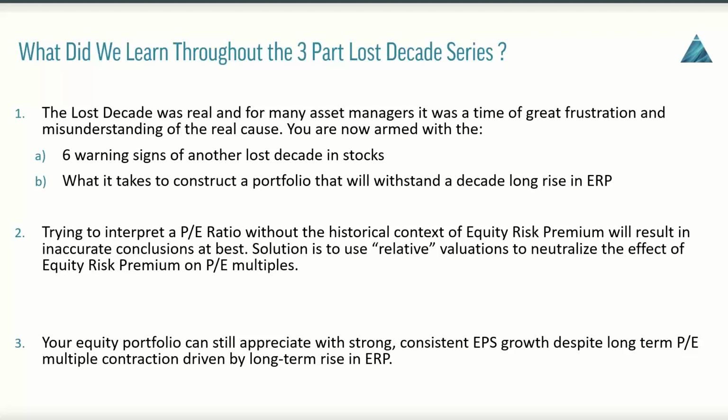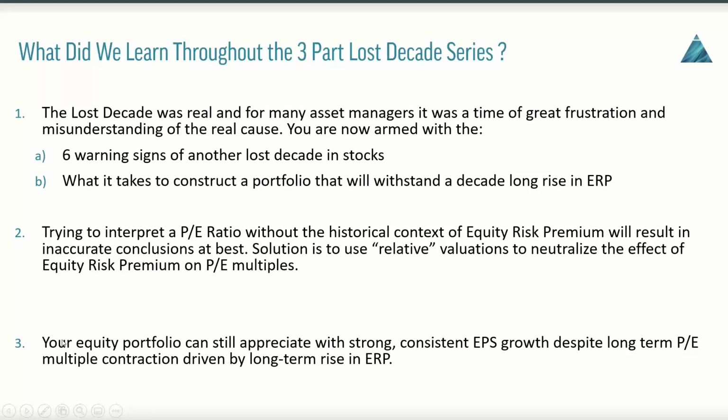So if you're looking at Coca-Cola, make it relative to the beverage industry, make it relative to Pepsi, make it relative to the S&P 500, make it relative to something before you just assume that current valuations are less or more than valuations 10 years ago. Okay, at least you'll accommodate that equity risk premium portion.